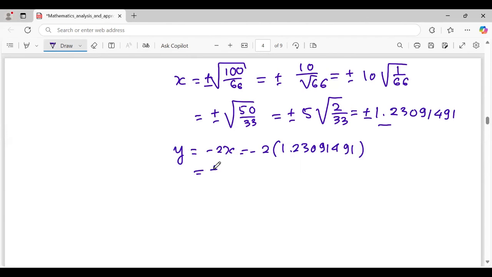So it's going to be plus or minus 2.46182982. How about Z? Z equals X, plus or minus 1.23091491.